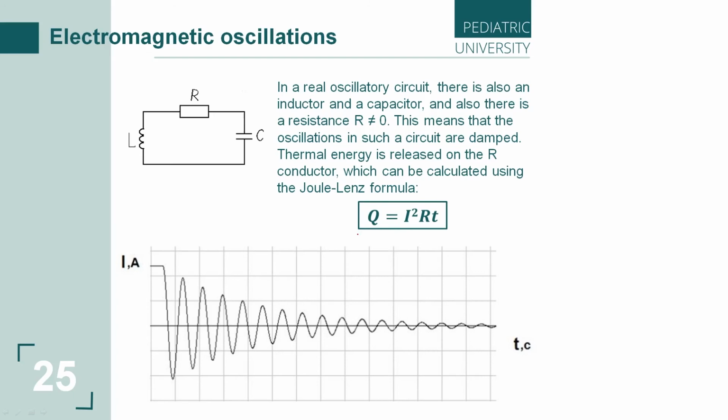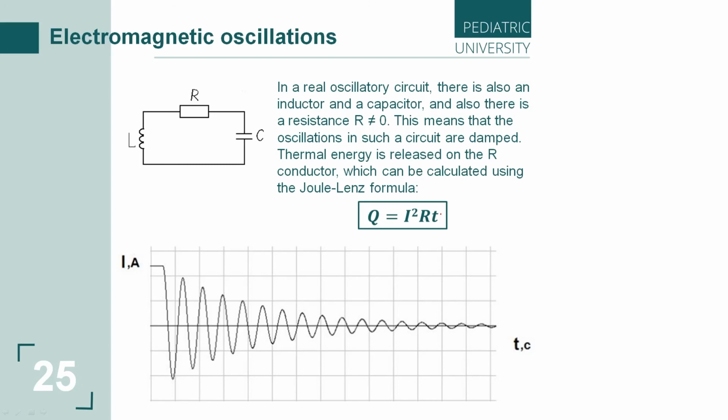How can we calculate this energy Q? We should put our current squared, the resistance of our conductor, and time, how much time it worked, for example, our electronic device. And after that, we can say how much thermal energy there was.